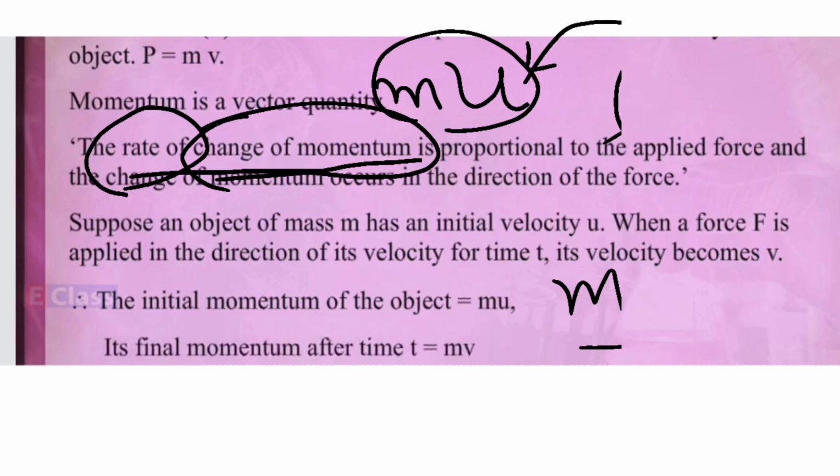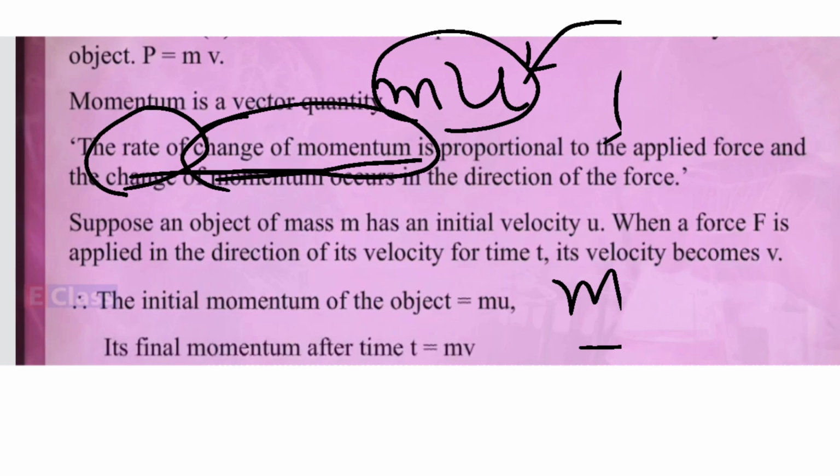So rate of change of momentum, that is (mv minus mu) upon t, is directly proportional. I hope you know this sign from mathematics. Directly proportional to the applied force. And the change of momentum occurs in the direction of force.